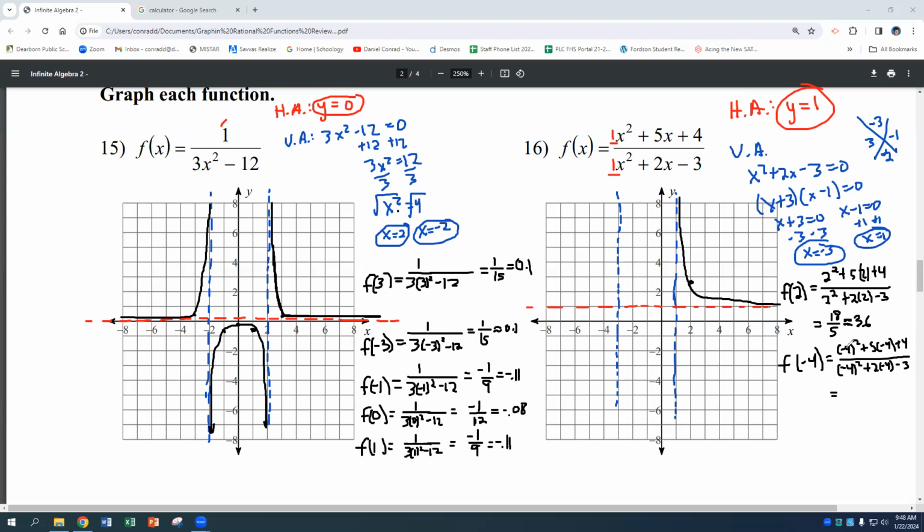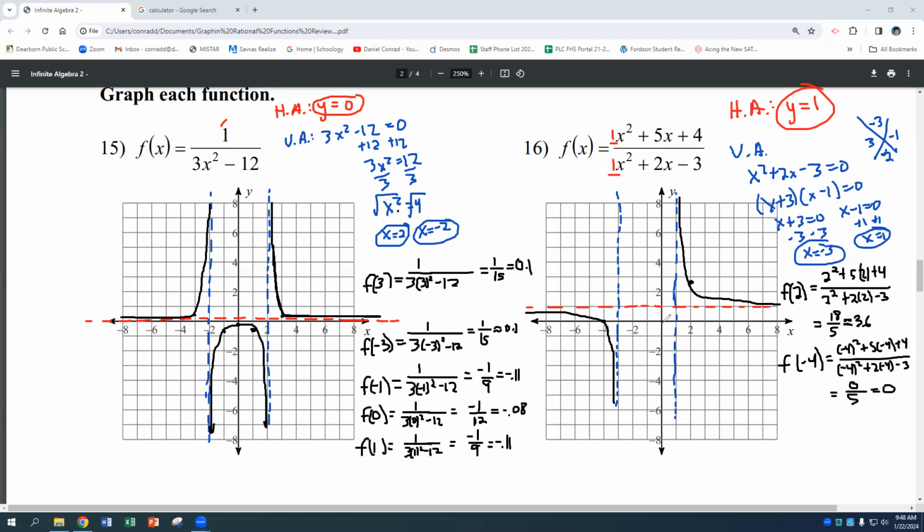So that's going to give me 16 minus 20 plus 4, which is 0, over 16 minus 8 minus 3, which is 5. 0 over 5 is 0. So it looks like this one's going to be on the bottom, like this. Okay, and then to figure the middle out, we're going to need a couple points.